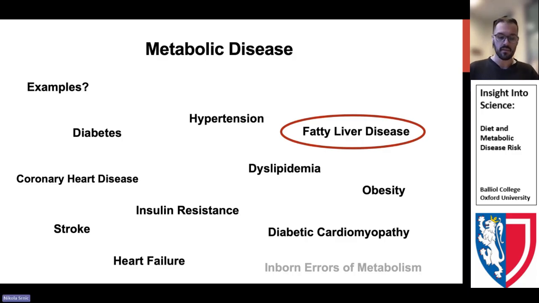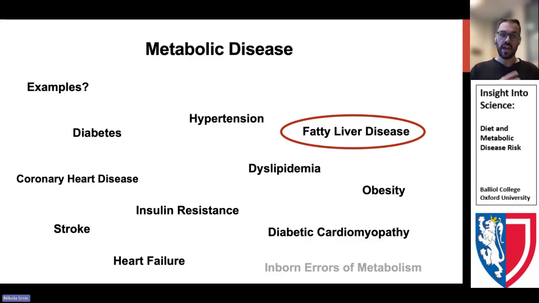These inborn errors of metabolism also tend to affect a slightly different group of organs. They tend to affect organs with a very big metabolic demand, so things like the brain, the eyes, and the heart, and they present very early on in life, so before somebody is born or in the first couple of years of life. If you look at this other list, such as obesity, heart disease, high blood pressure, it's a bit of a different picture.